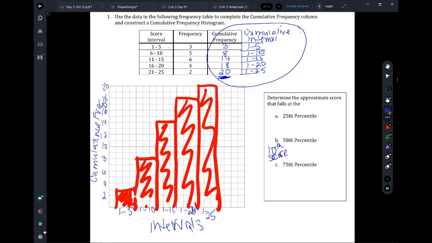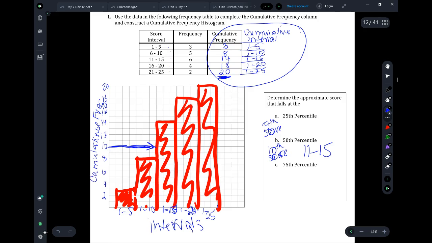So if I go over to my picture and find the 10th score, that hits this bar right here, that 1 to 15 bar. So that would mean the median is falling somewhere in from a score of 11 to 15. Well, if that's the middle, then half of that would be the 5th score.